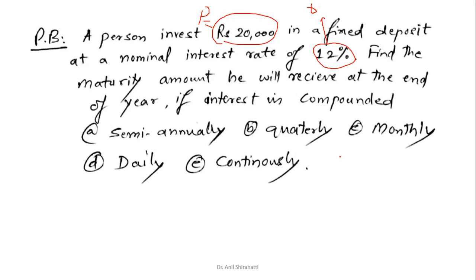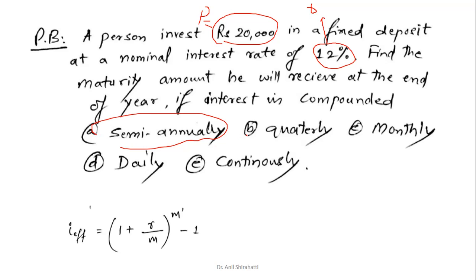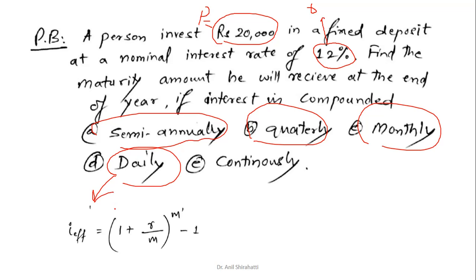The future amount should be a combination of the principal amount plus the interest. The interest he has to pay depends upon the different compounding. So for semi-annually, quarterly, monthly, or daily basis, in all these four cases you first have to calculate the effective interest rate using this formula.